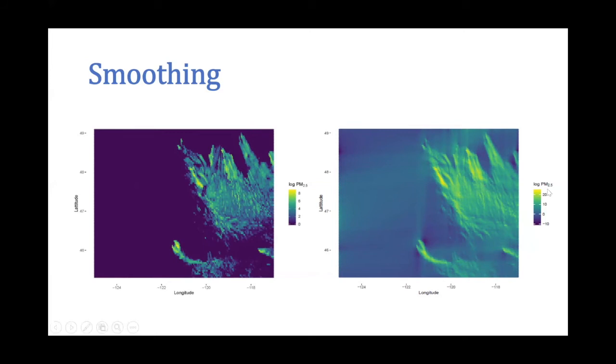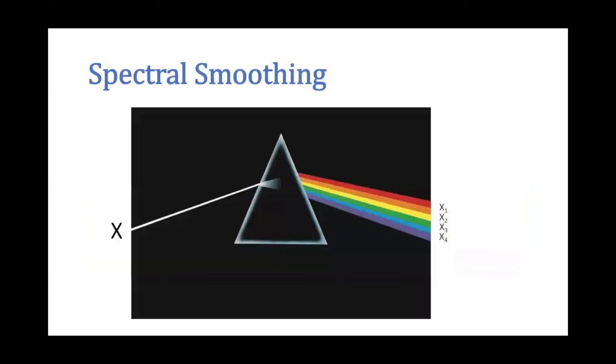And note that the scales do not necessarily match, and that's just because of a particular smoothing technique that we use that's called spectral smoothing. So in spectral smoothing, assume that the variable x is like a white light, and we know that can be broken into different components. Each component has information about different wavelengths or different frequencies.